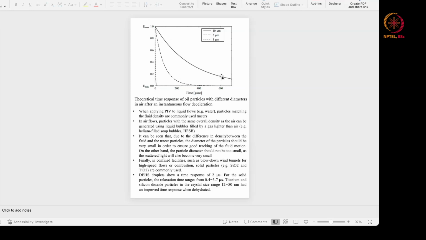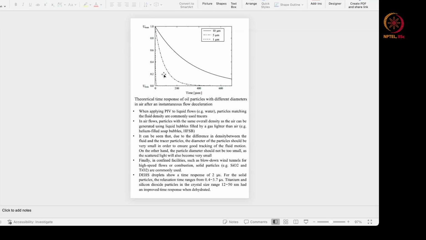And then it takes a very, very long time, 600, 800 microseconds, for a 10 micron droplet to attain the same thing. This is the theoretical time response of oil droplets with different diameters in air after an instantaneous flow deceleration. So there is a deceleration of the flow, a step function, and this is the time that it takes for the particles to respond.